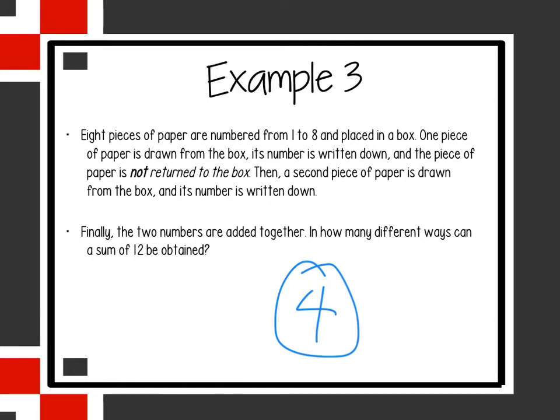Natalie? So how is it like 4? Because if you take out like the 4 and 8 and it's not returned, then wouldn't it be like less? Like you can't do it again? So you're not saying how many from the same set, you're saying how many different ways can it be done. If I put a box at the front of the room with all of those numbers, and I asked you to go up to the box, you could pick a 4 and an 8. That would count as 12, right?